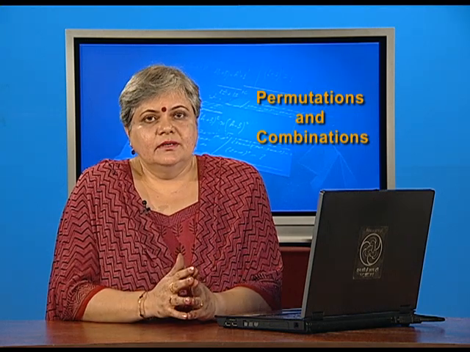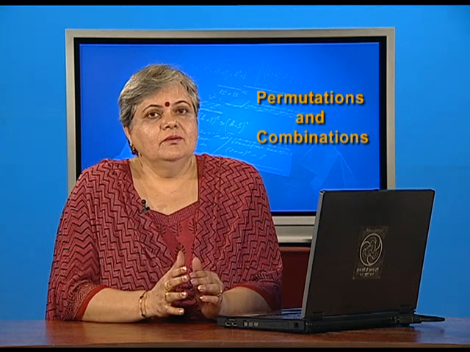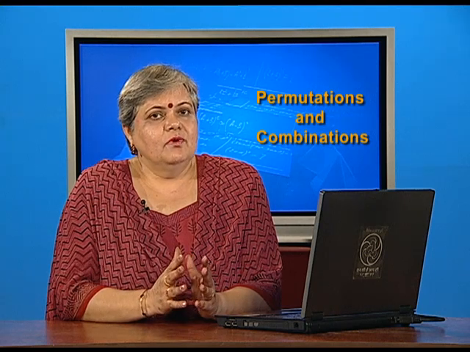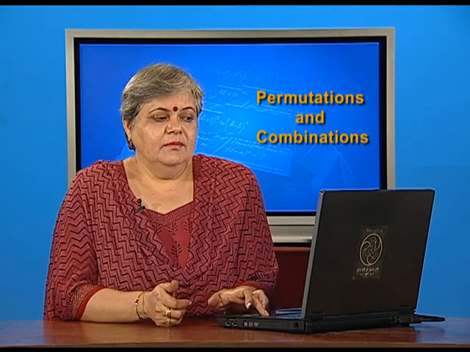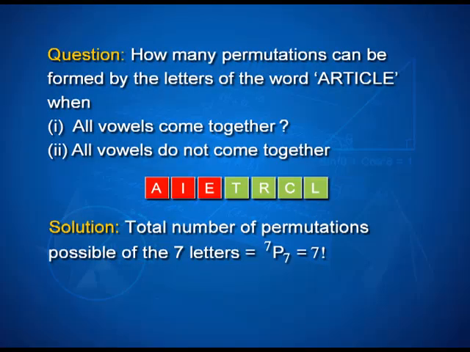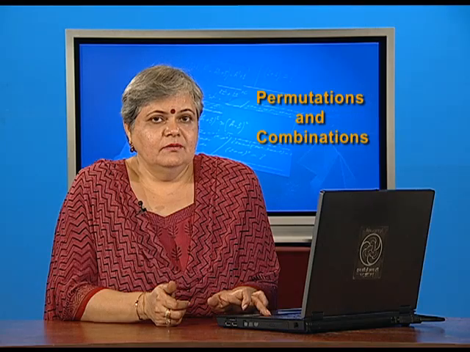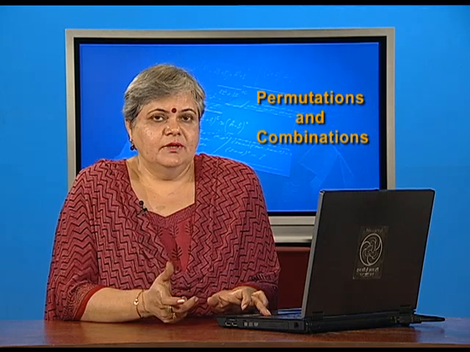Let us take our second part, which required us to find the number of ways in which the vowels do not come together. We have already calculated the number of ways in which the vowels are staying together. At the same time, if I have the 3 vowels and 4 consonants, that is the 7 letters, they can be permuted in 7 factorial ways, that is the total number of arrangements possible.